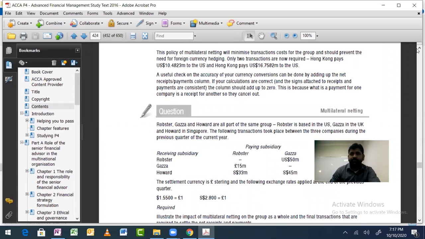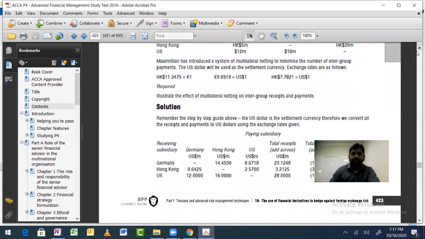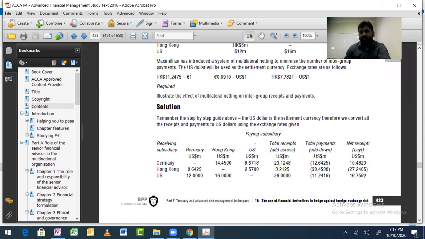Where is it? Okay. The table that we did was a little bit different than this, right? Because I added the received side, and the paying amounts I added directly down, correct? And then we did the net receipts later on, how much you are going to receive and pay. So this is something that we have already discussed.